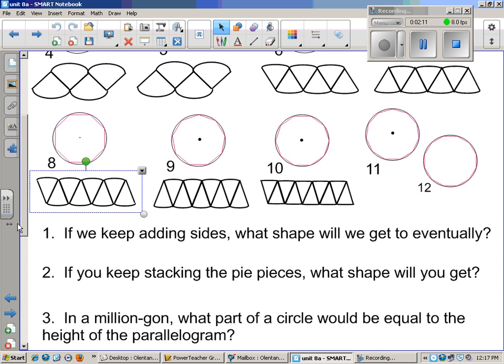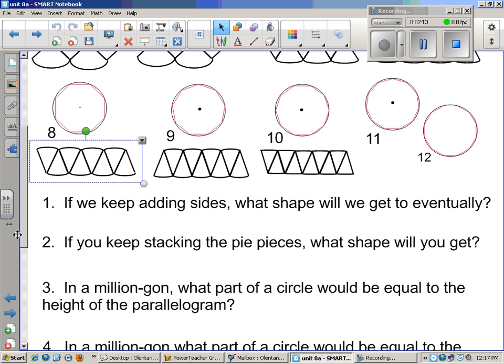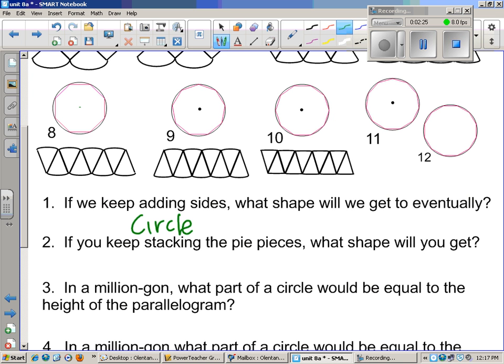So let's answer these summary questions, review a little bit. If we keep adding sides to these polygons, what shape will we get eventually? A circle, right? And if you keep stacking these pie pieces together, what shape will it eventually make? A rectangle.